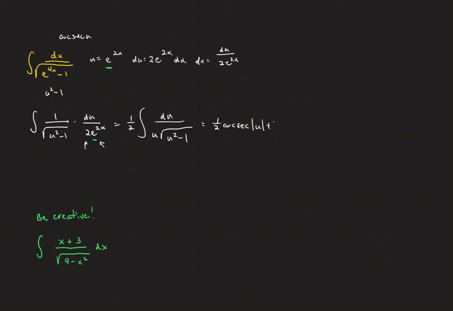plus c. So that we can call 1/2 arc secant of the absolute value of e to the 2x plus c. Now this is fine.